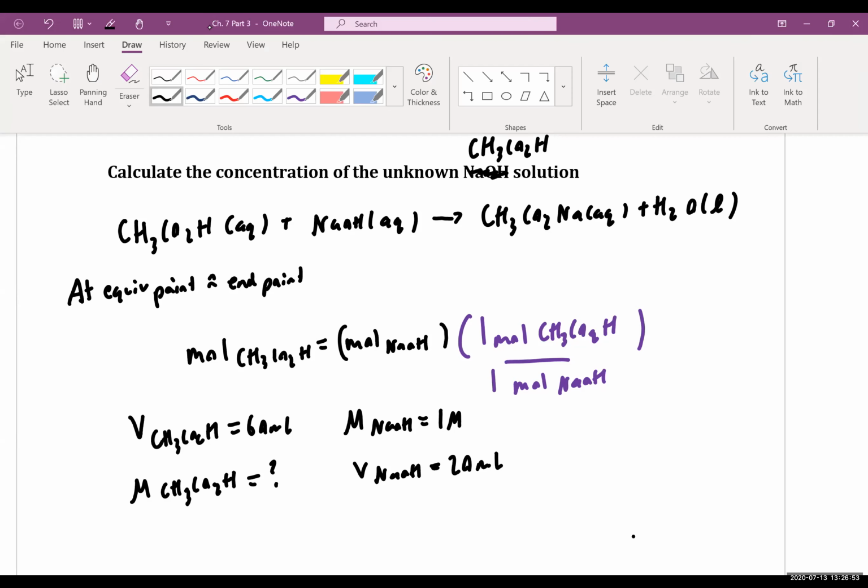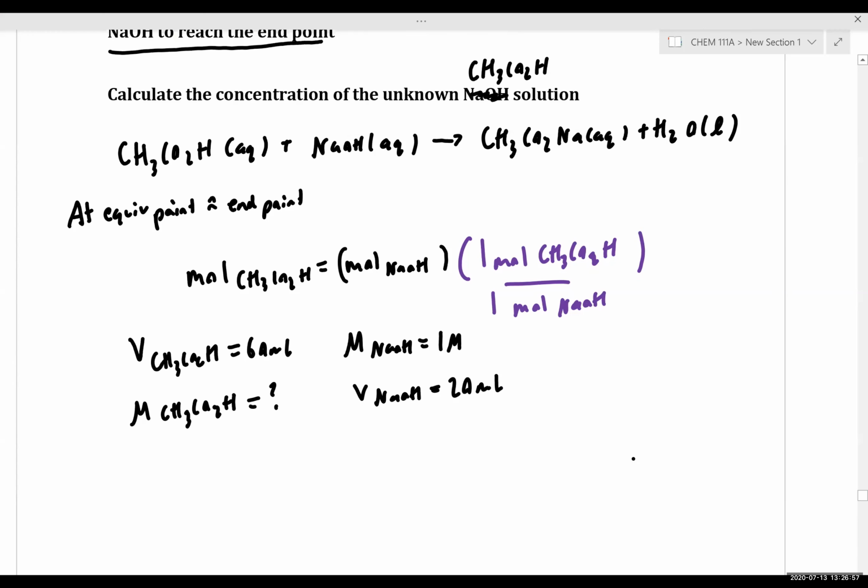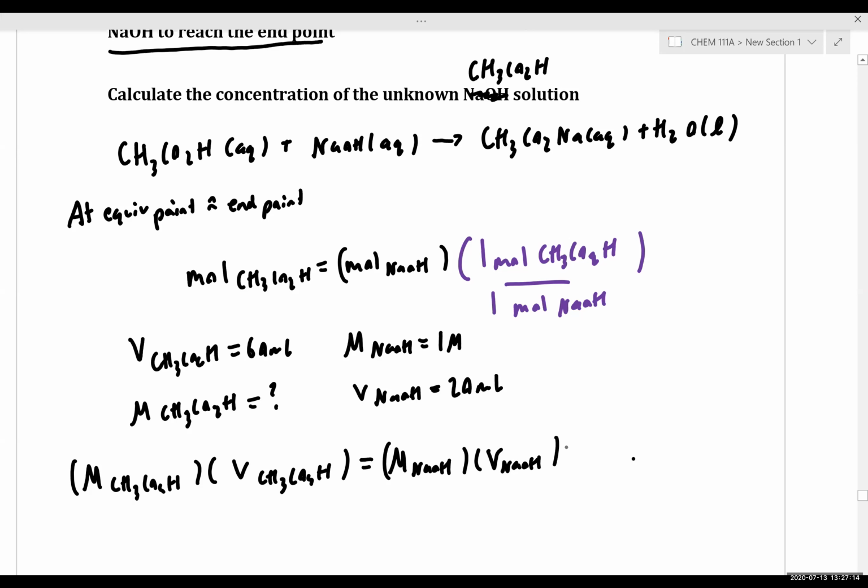So then, solving our expression, the molarity of acetic acid times the volume of acetic acid is equal to the molarity of sodium hydroxide times the volume of sodium hydroxide times 1/1.